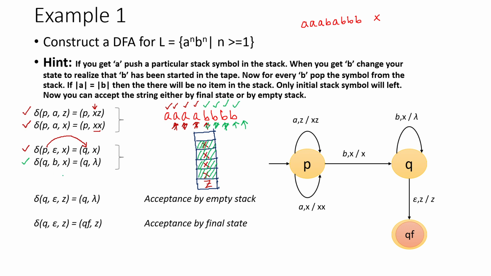And that is what we have to express in two different ways. So if we consider accepting the string by empty stack, that means there is nothing to read, that is, without consuming any symbol, if the top of the stack is Z and you are in state Q, then you will just pop the last symbol, that is, even Z will be removed.